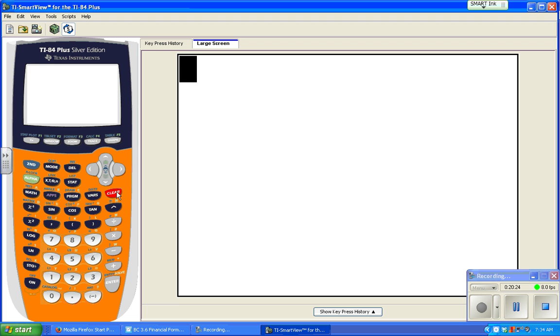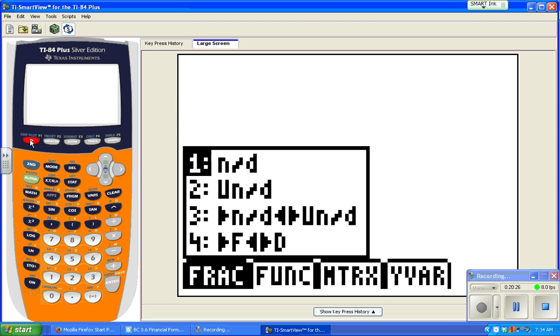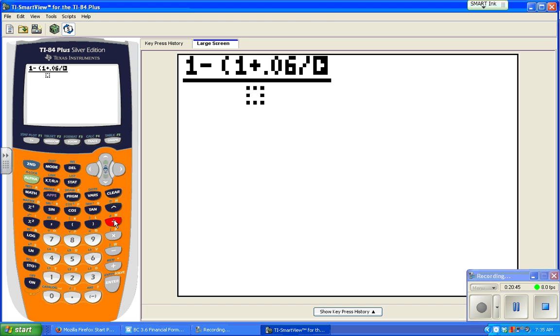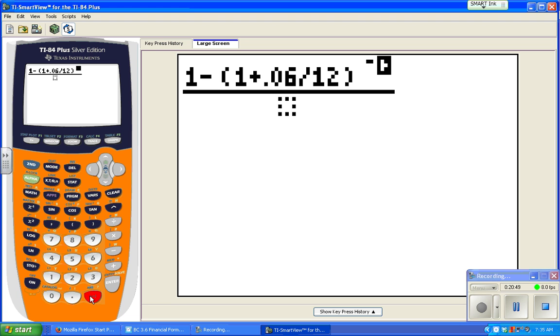I'm going to type this in like a fraction. Okay, so I did alpha y equals, and this is on the new system. So my numerator is going to be 1 minus parentheses 1 plus 0.06 over 12, close parentheses, raised to the negative 48.